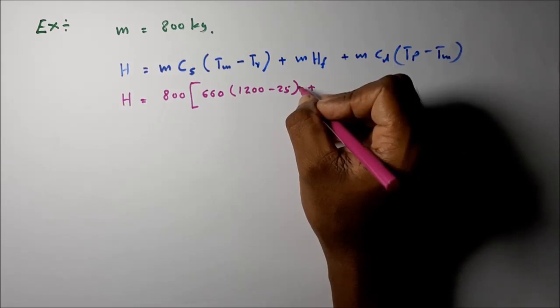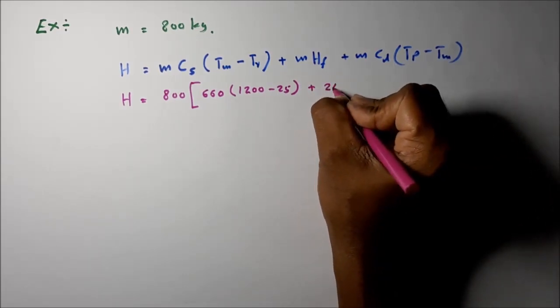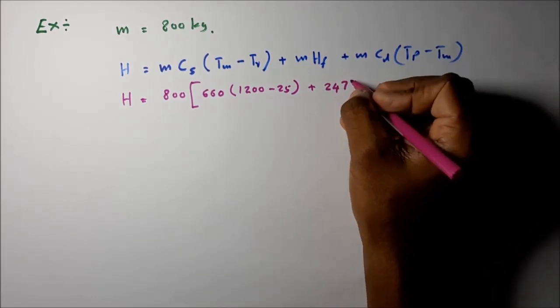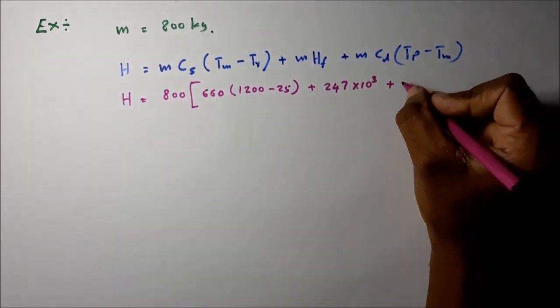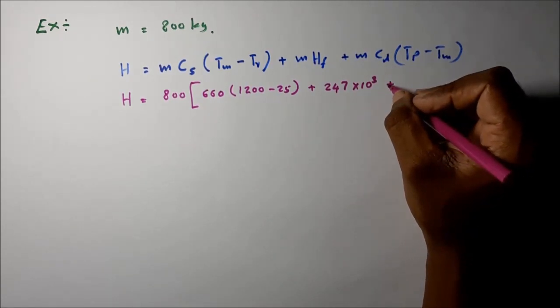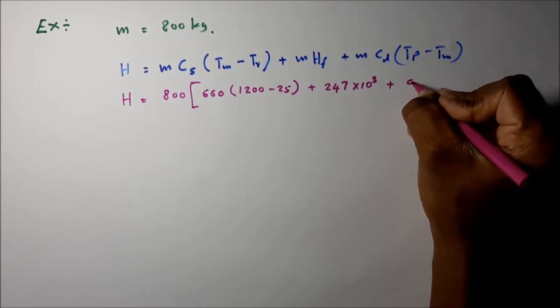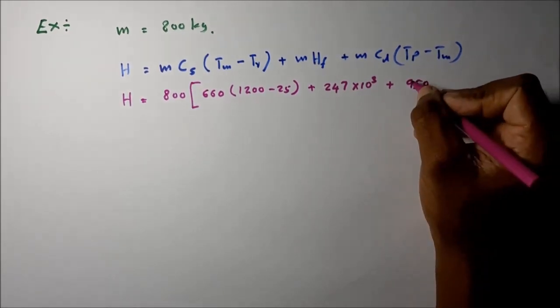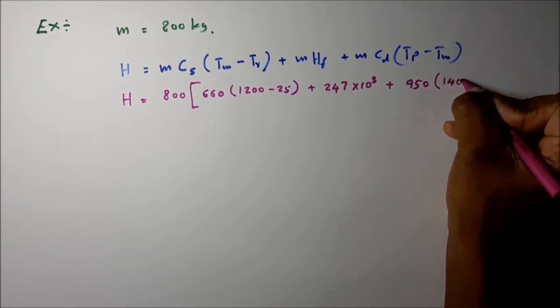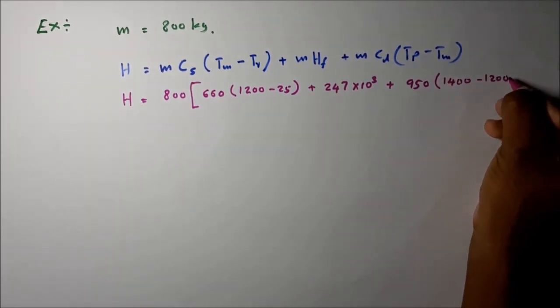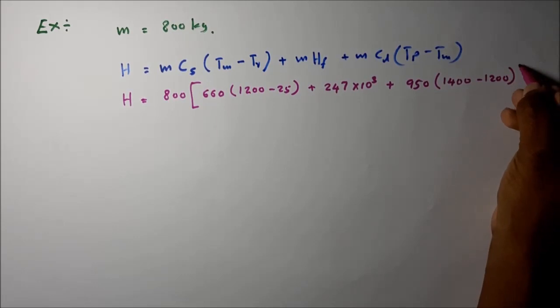The latent heat of fusion of the cast iron is 247 into 10 to the power of 3, plus Cl, the specific heat of liquid cast iron, 950. Then the pouring temperature is 1400 minus the melting temperature 1200.